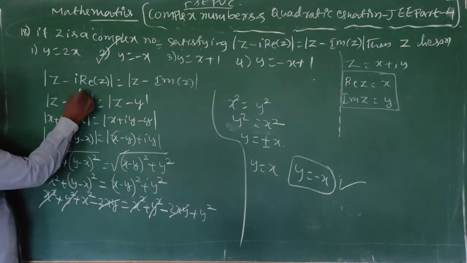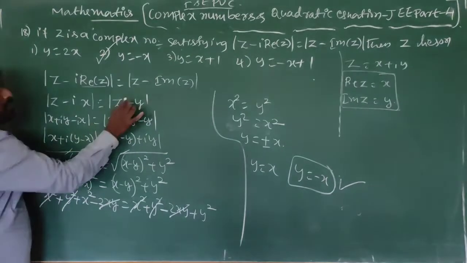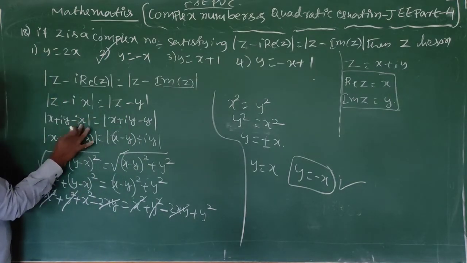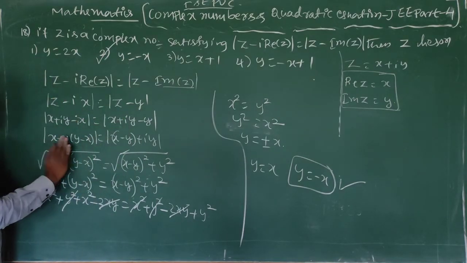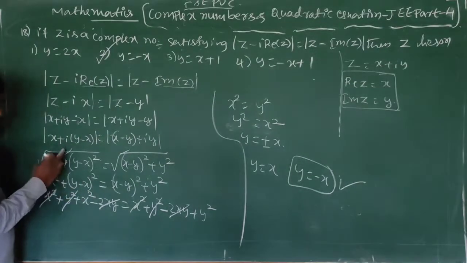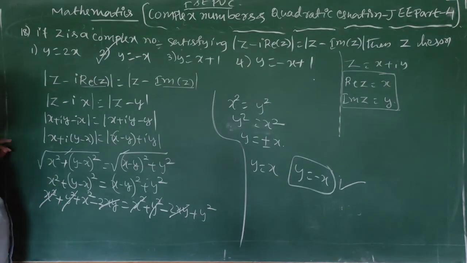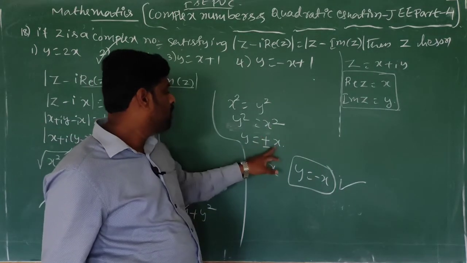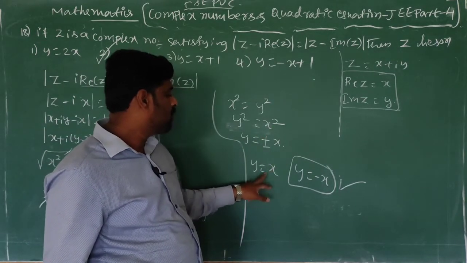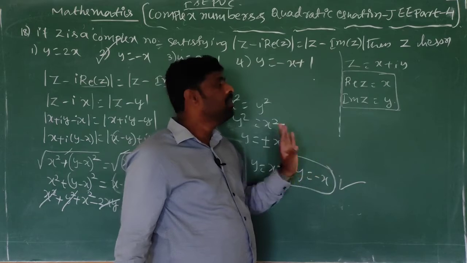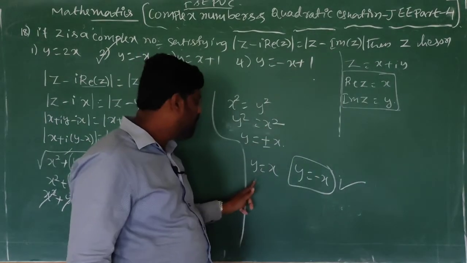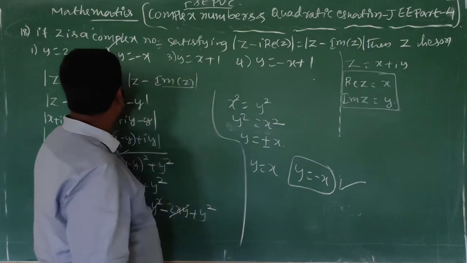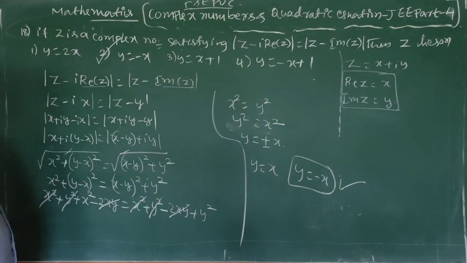Again real part of z is x, imaginary part of z is y, and substitute the z value, take the i common, separate in the real part and imaginary part and take modulus, and simplifying you will get y square is equal to x square. y is equal to plus or minus x: y is equal to plus x, and y is equal to minus x. But in our options, y is equal to minus x is there. That's why it is the second option.